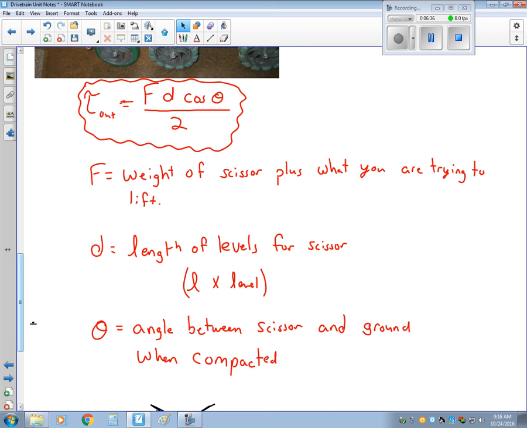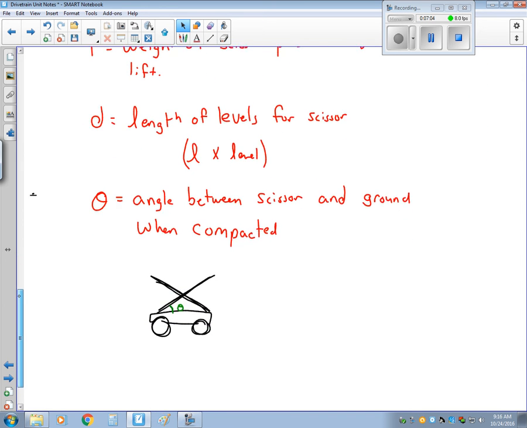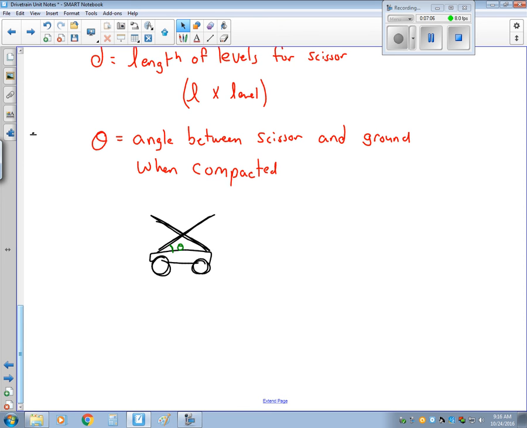As theta grows, cosine of 90 degrees equals 0. So let's say it's cosine of 45. That's 0.707. You go from 1 to 0. So in other words, as the scissor lift opens up, it becomes easier for the motor to operate the scissor lift. But as it gets farther and farther down, as theta becomes smaller, it becomes harder for the motor to operate it.